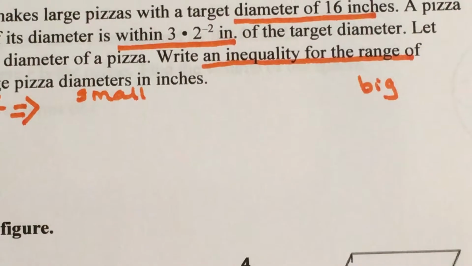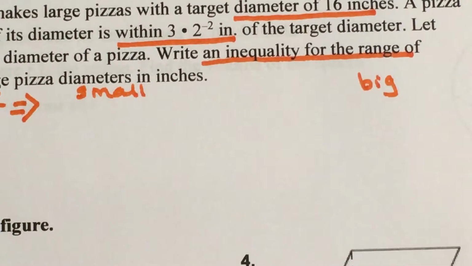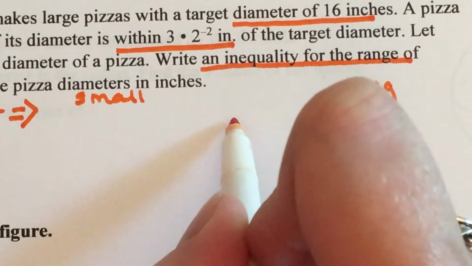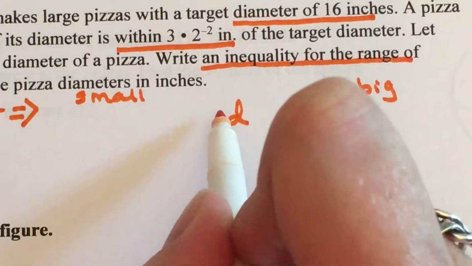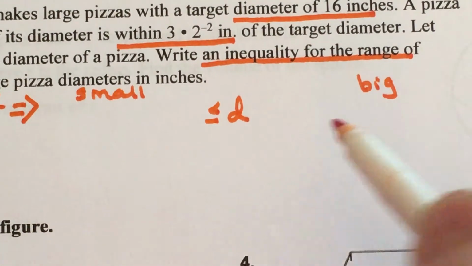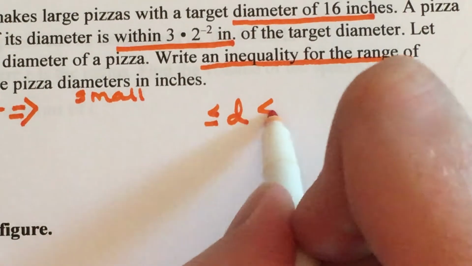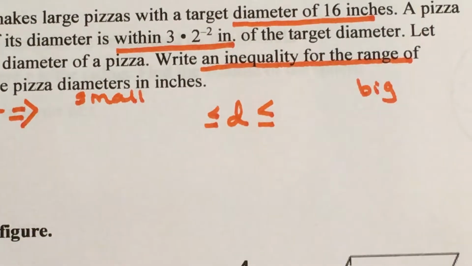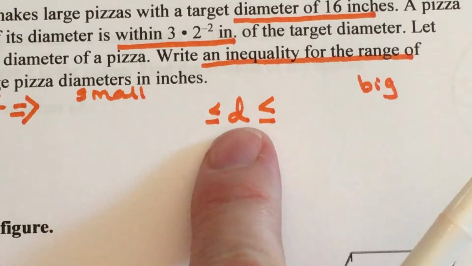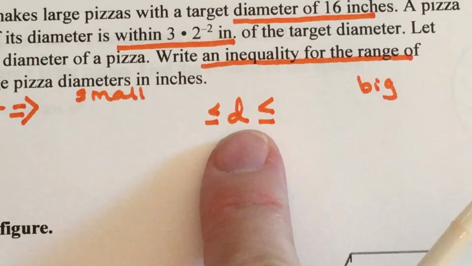we have to think about how would you make something small? Because I know that they want my perfect diameter of 16. The small is always less than the perfect thing. The big is always slightly larger than the perfect thing. And they would like it to be 16, but you know, life happens.